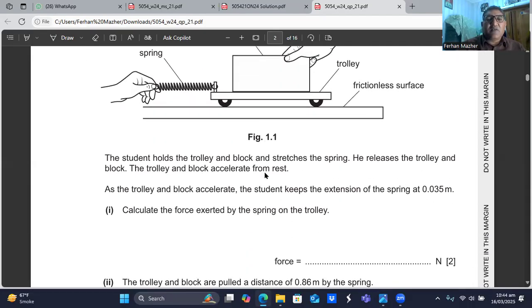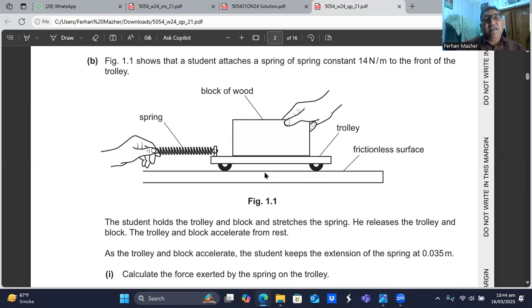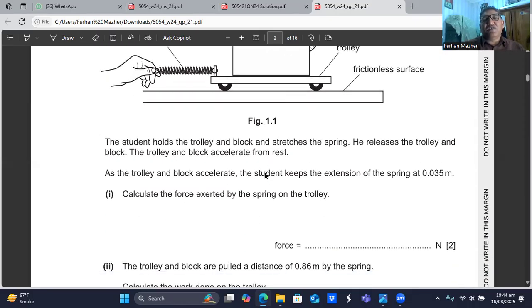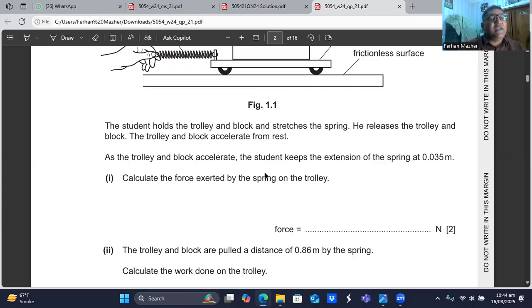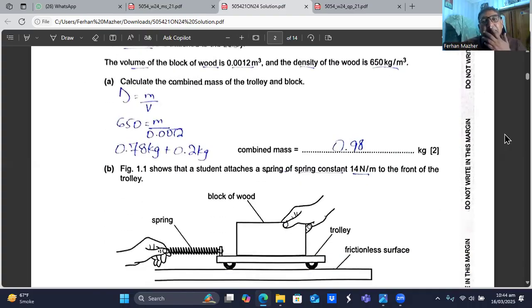The question is: calculate the force exerted by the spring on the trolley. We know the extension and we know the spring constant, so we can find out the force exerted on the trolley. F is equal to kx, where k is the spring constant and x is the extension.